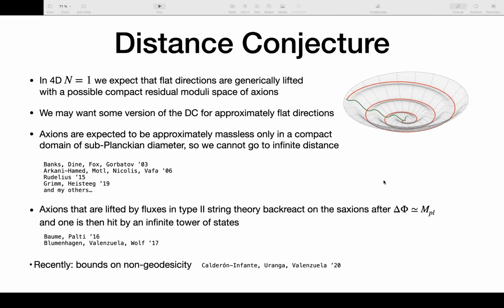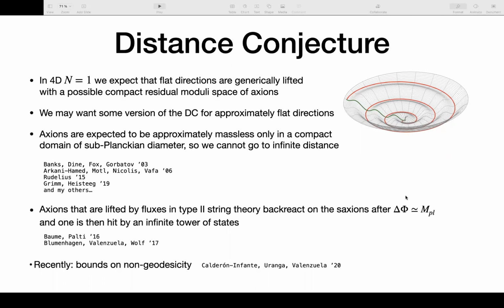So at least in this setting where we have axions stabilized by fluxes, we have some evidence that the distance conjecture can be, in this sense, evaded for a distance of order 1 in Planck units. And the interesting statement is really that in these examples, this critical distance after which we bend into these directions could not be tuned to be parametrically large.